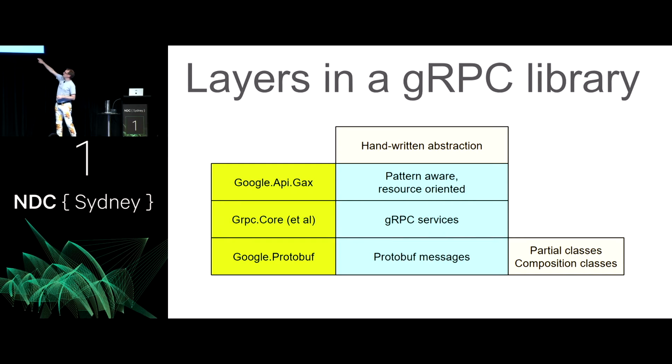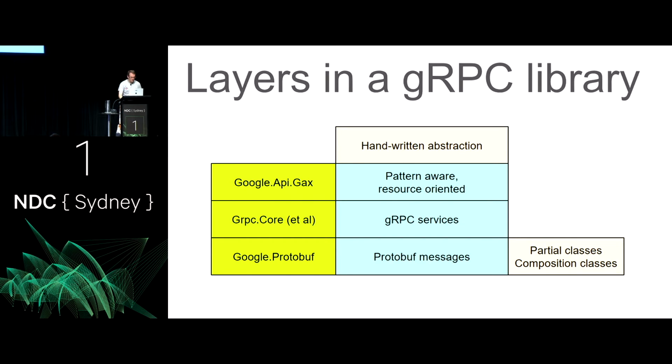The middle part, gRPC services, most of the time I hope you won't need to care about. You will need to care about the Protobuf messages. You probably want to care about the pattern-aware, resource-oriented layer that we're generating. And if there is a handwritten abstraction over the top, then you will definitely want to care about that.